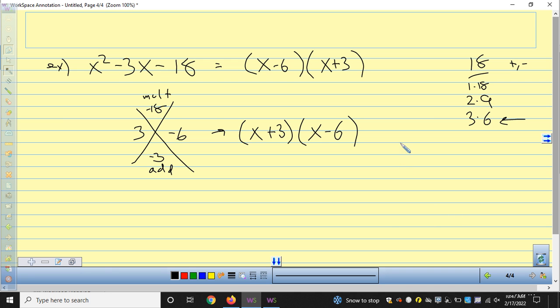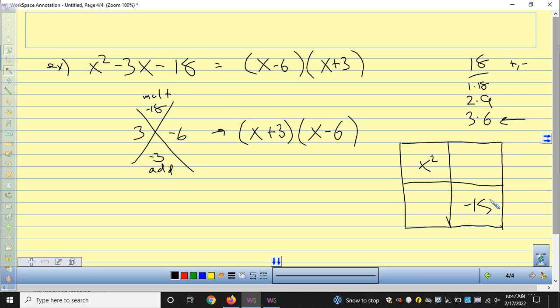If we use the box method, we'll set up our box. Whatever's here goes up here. Whatever's here goes here. And then we have a factor, an x here, and the other factor, an x there.